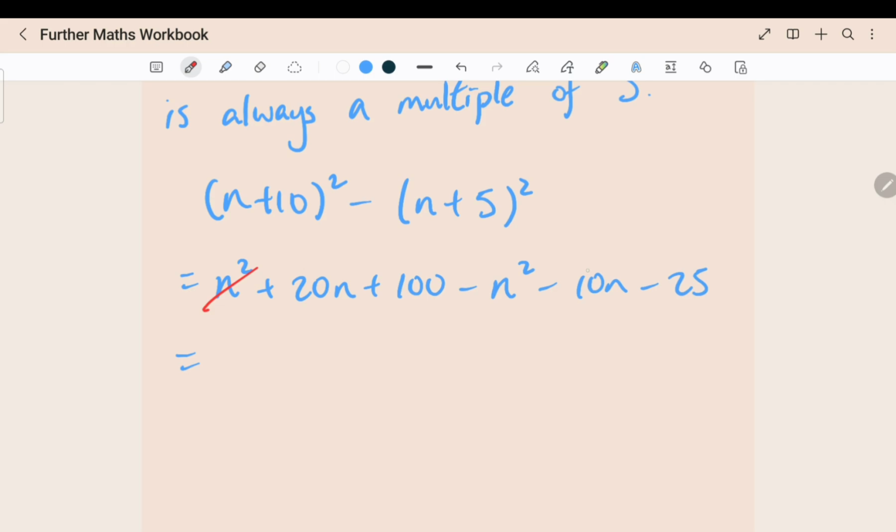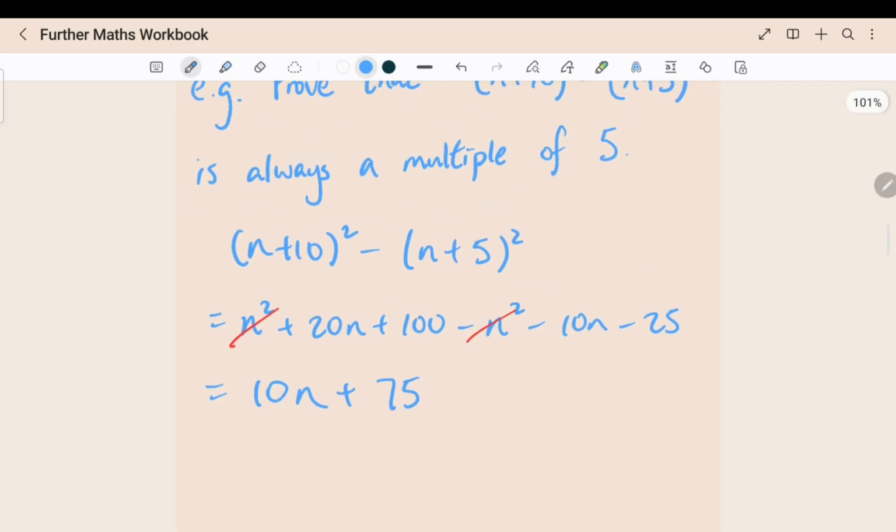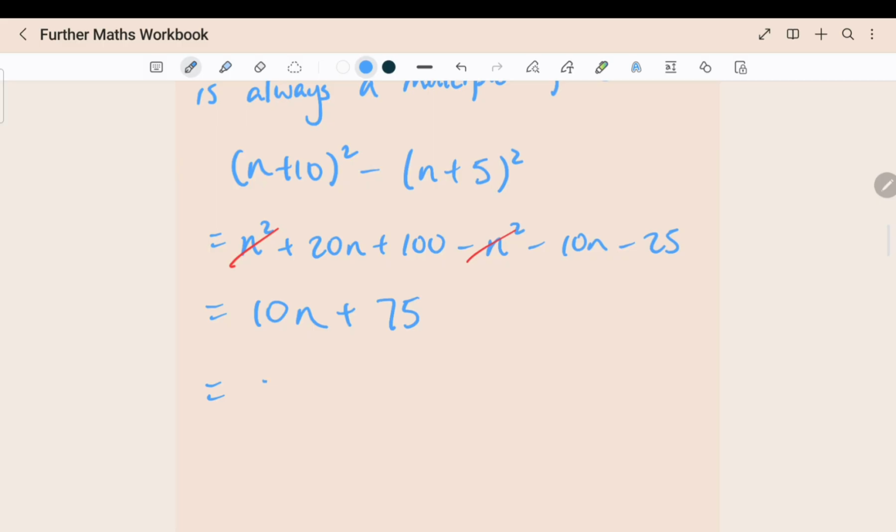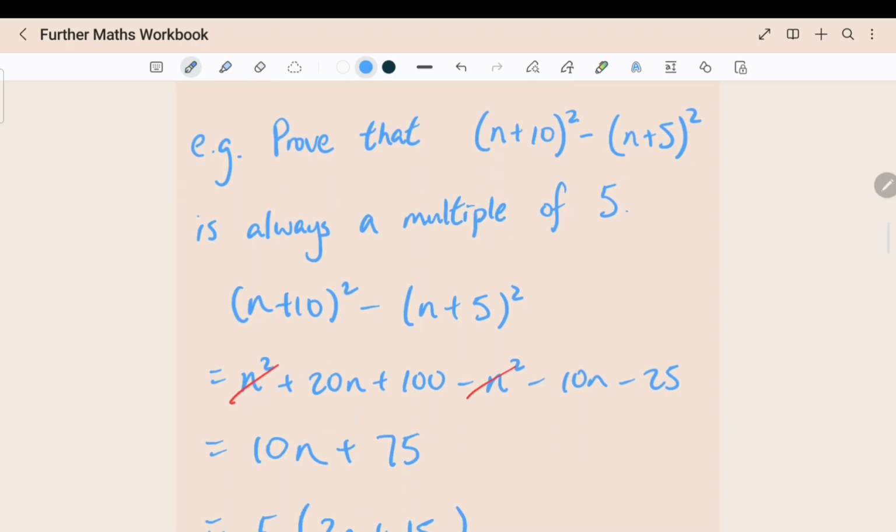So this and that cancel out, and then I get 10n by doing 20n minus 10n, and then 100 minus 25 is 75. To prove that it is always a multiple of 5, I need to factorize out a 5, which looks like this, and I proved that the statement is true.